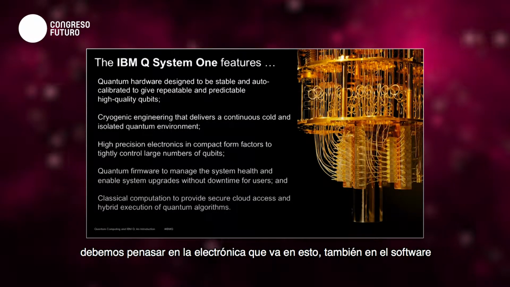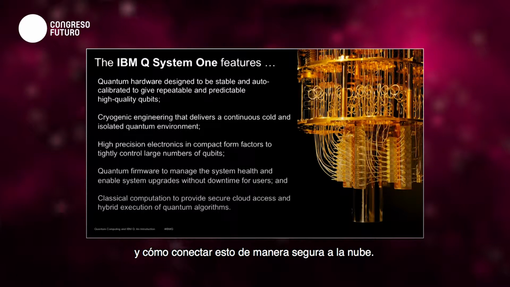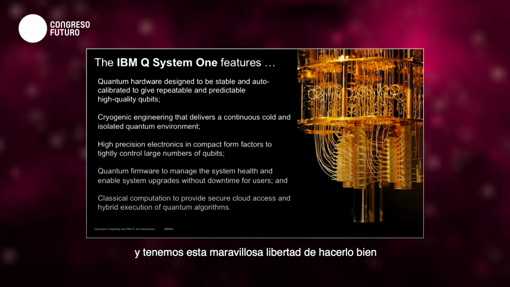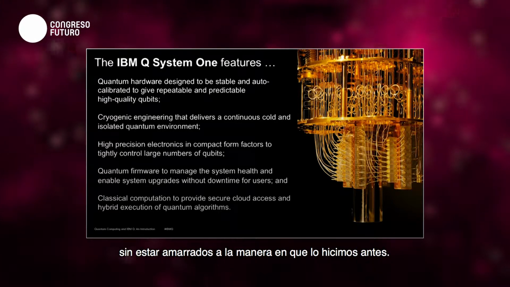We have to think about the electronics that go into this, the software at the low level, and how to connect this securely to the cloud. So with quantum computing, we don't just worry about qubits, we worry about everything. And we have this wonderful freedom to do it right without being bound by the way we did it before.